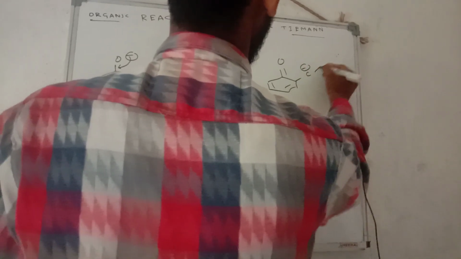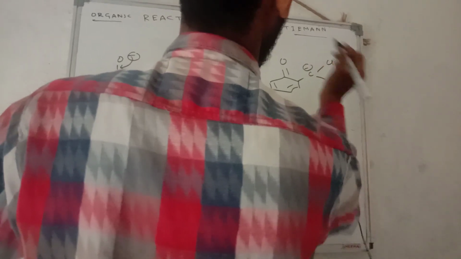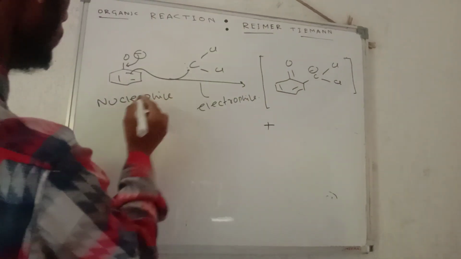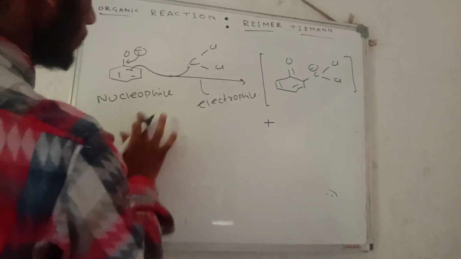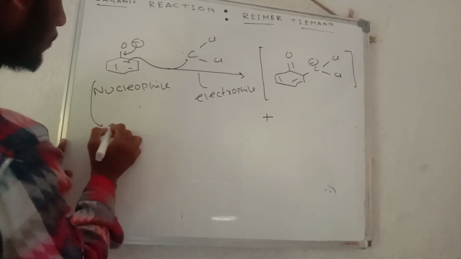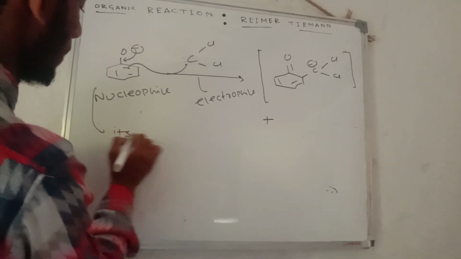The carbon will get a negative charge. This is unstable. This is unstable because the system will lose its aromaticity.